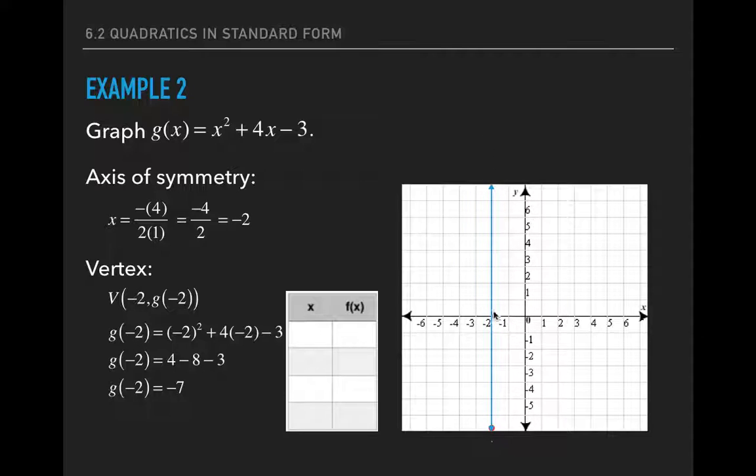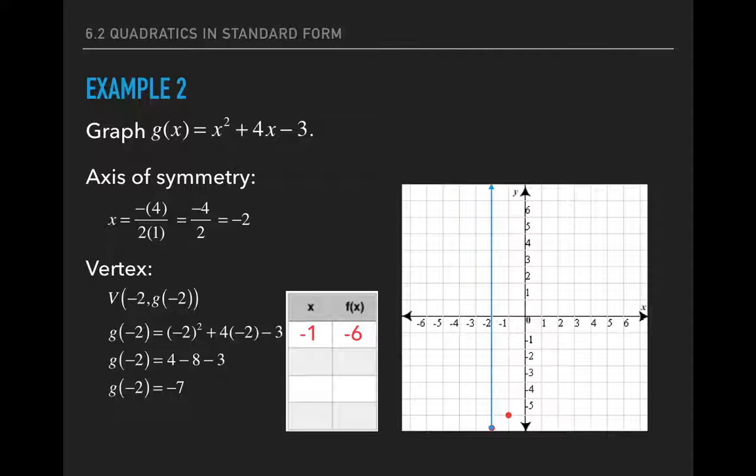Now you can do the 1, 3, 5 trick, and I'll also populate the table so you can see that. If you go over 1 and plug in your a value, it would just be up 1, which gives the point negative 1, negative 6. Right there.